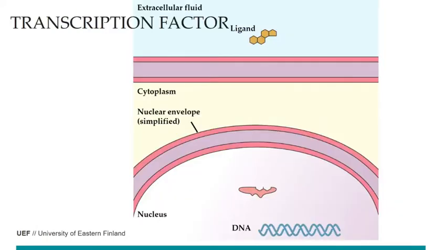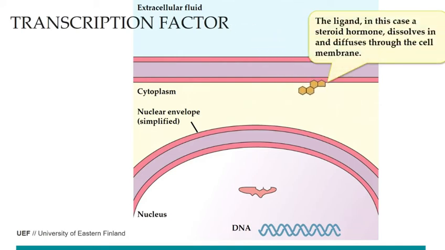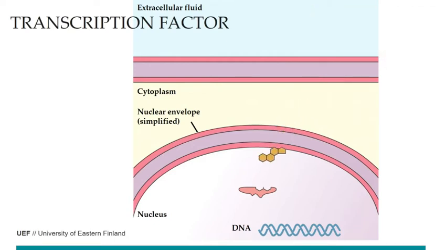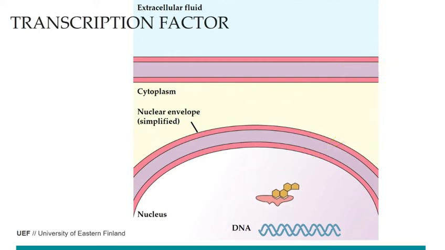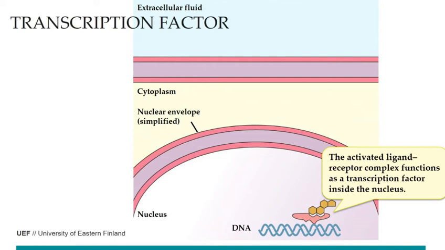And then we have these transcription factors where the ligand is moved inside the cell because it's hydrophobic. And it's also moved into the nucleus and binding on the intracellular receptor on the DNA and affecting the transcription, and then some genes are upregulated or downregulated.